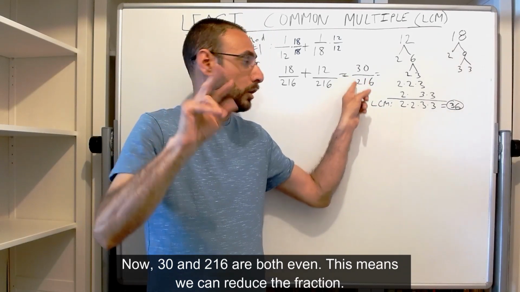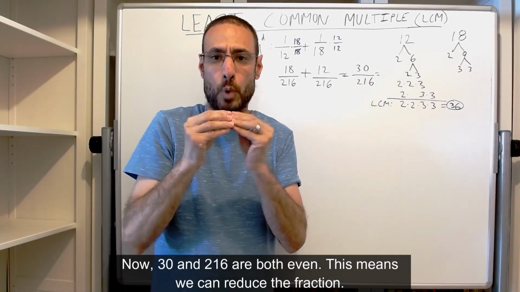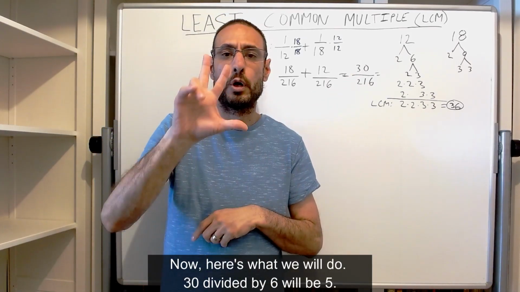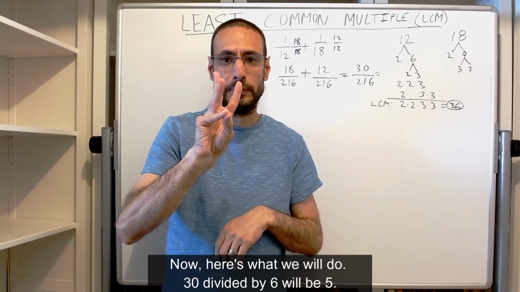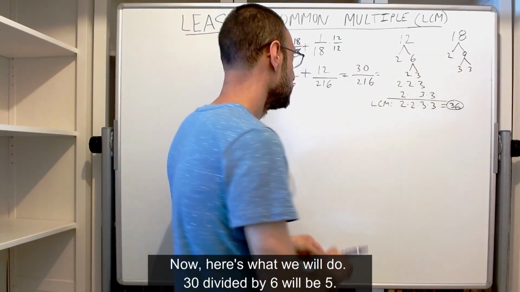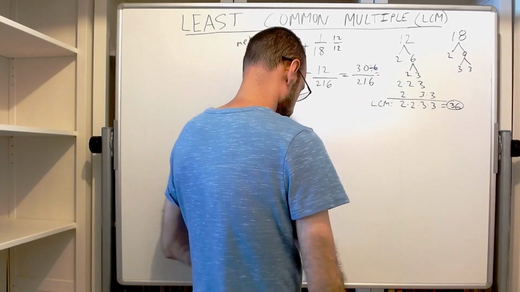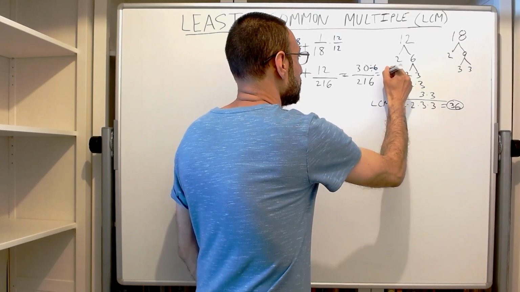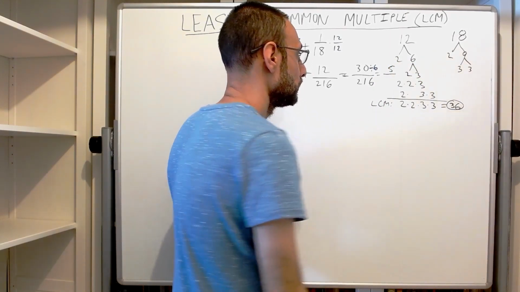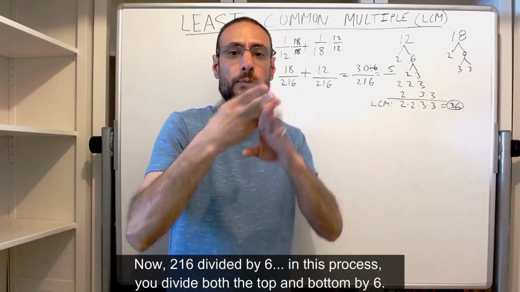Now, 30 and 216 are both even. This means we can reduce the fraction. 30 divided by 6 will be 5. Now, 216 divided by 6.